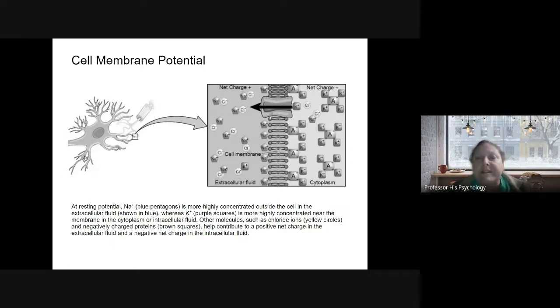So right here, we see that this is just one of those proteins that is a channel that things can move through. But there are also things in this cell membrane called voltage-gated channels.